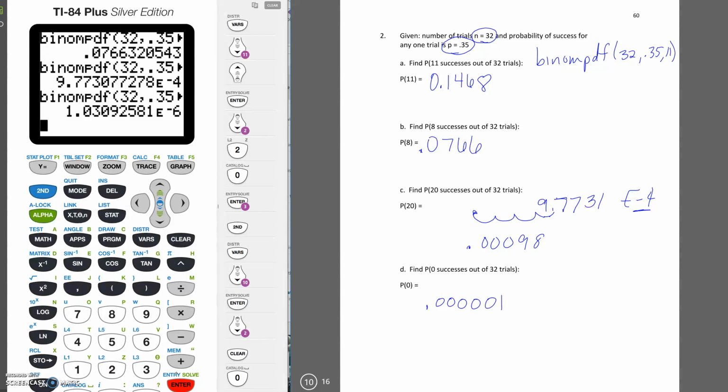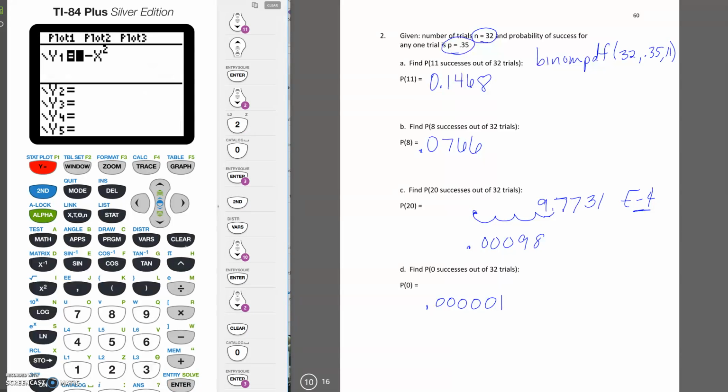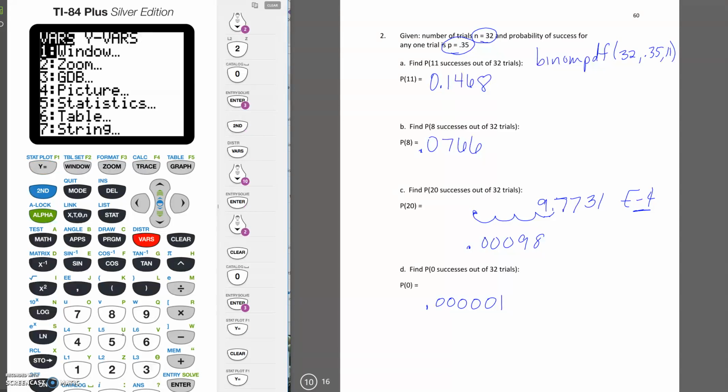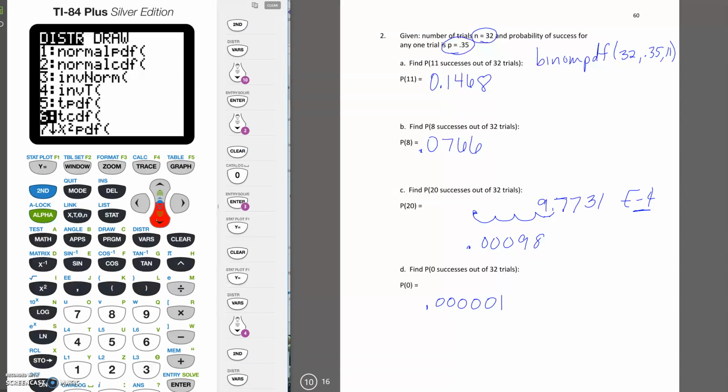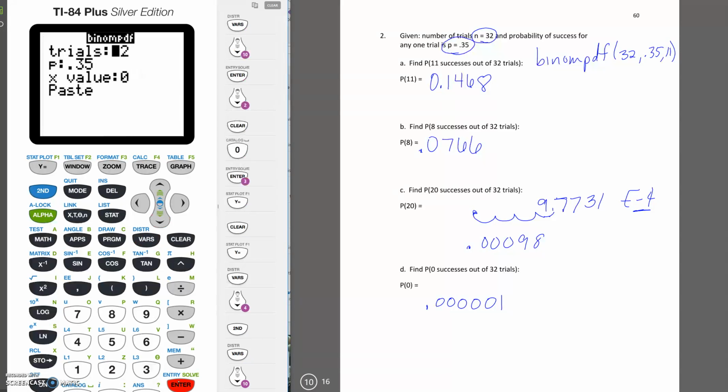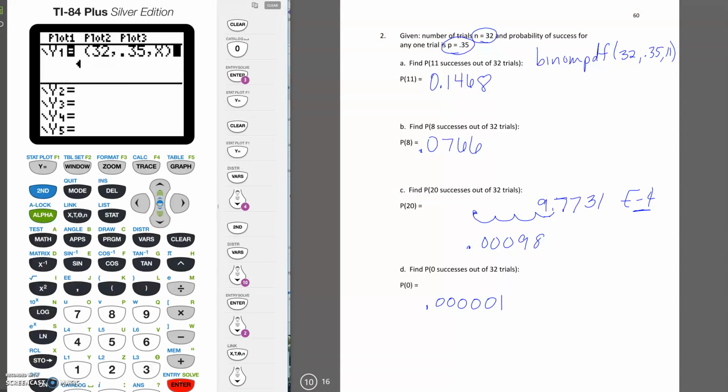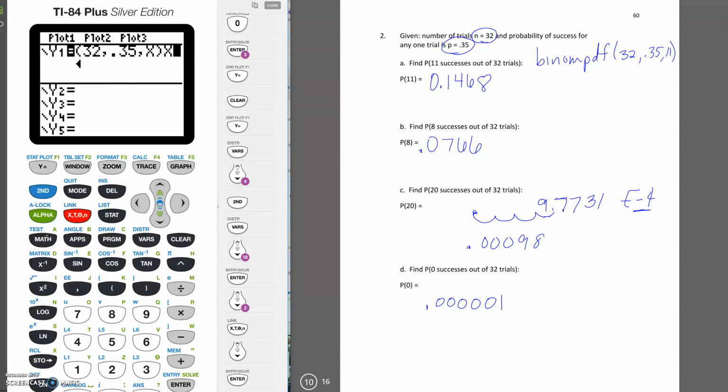Now, one thing that's kind of cool is if you went to your y equals, so hit y equals, went to distribution and down to the binompdf, and let's do it for this situation. We're going to put the number of trials, the probability, and then we could just put x, because that's what we're going to allow to change each time. Put paste. So that's going to put it in y equals.